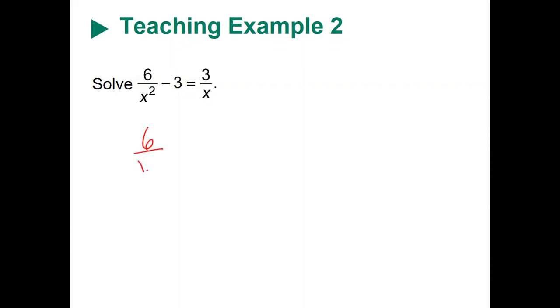So 6 over x squared is good to go. But here I'm going to have to multiply by x squared in the denominator. And what I do to the denominator, I have to do to the numerator. For x, what would I have to do? It already has 1x, so do I have to multiply by x squared? No, just multiply by another x. So it just needed one more x.